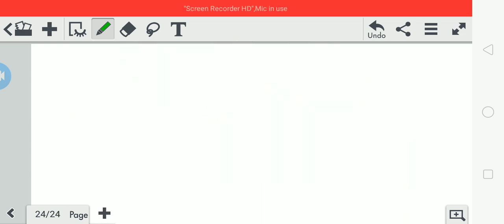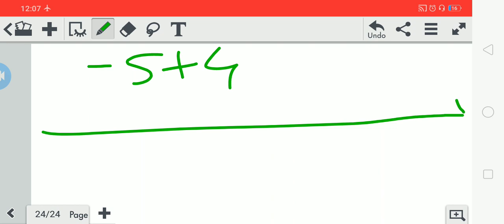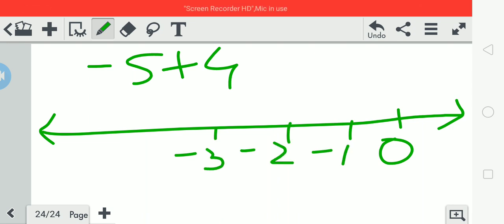right? Now see the second example, that is minus 5 plus 4. Now 0 minus 1 minus 2 minus 3 minus 4 minus 5.